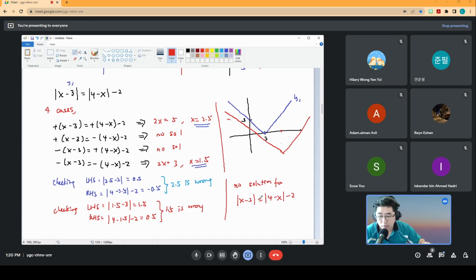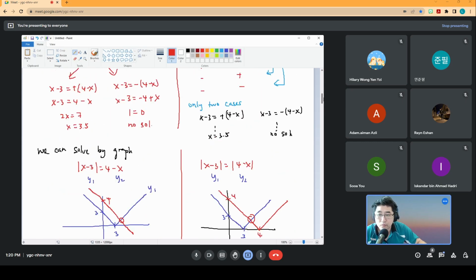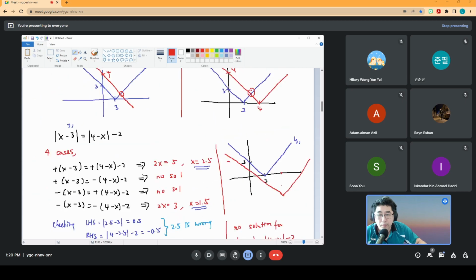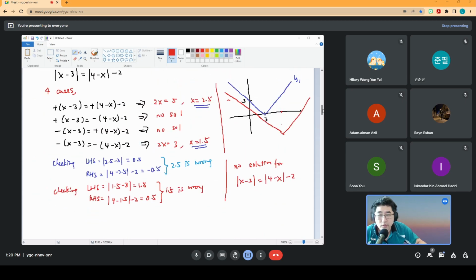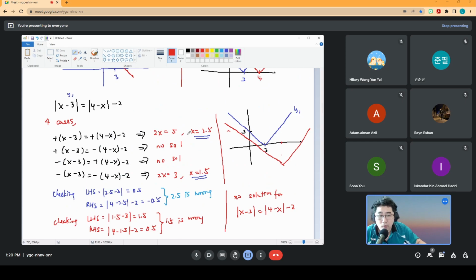What does it mean entirely for these few examples? Number one, you cannot just use algebra, get the answer and just leave it there. Number two, you need to consider all possibilities of forming the cases.